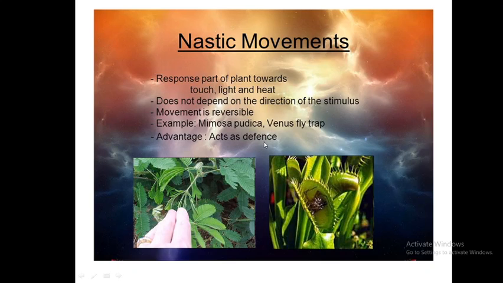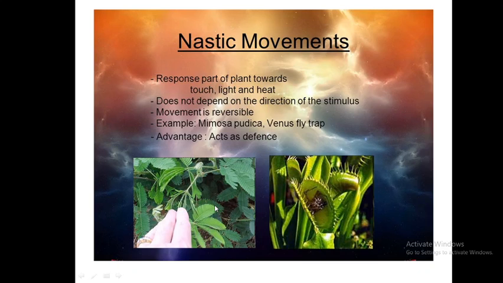Now, the sleeping movement of Mimosa pudica is a Nastic movement. This is an example of Nastic movement. Look at this.